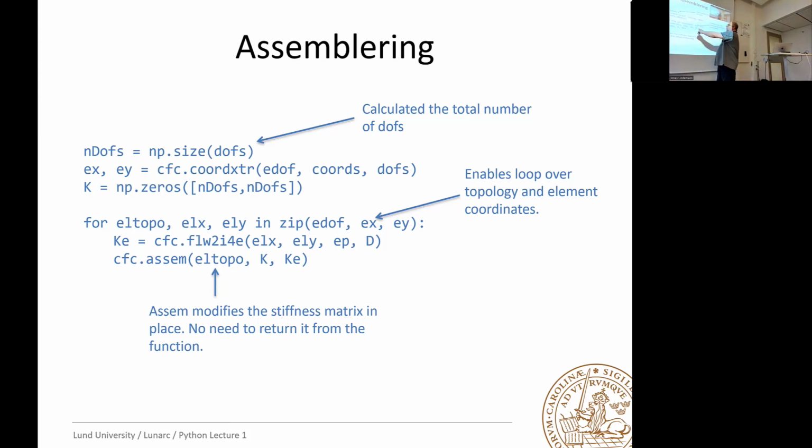We can now loop over edof, ex, and ey. In this case here, I use a 4-node flow element. And I pass elx, ely, and ep. We have the same element property on the entire area, and then we have D here for the material matrix. And then we assemble it together.